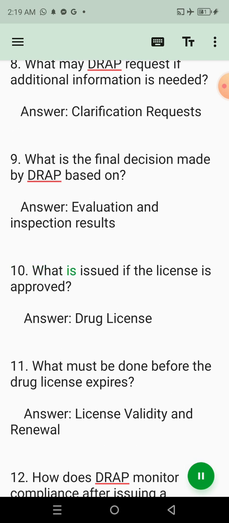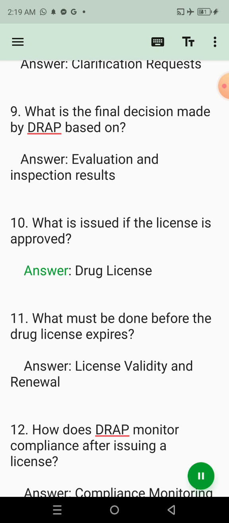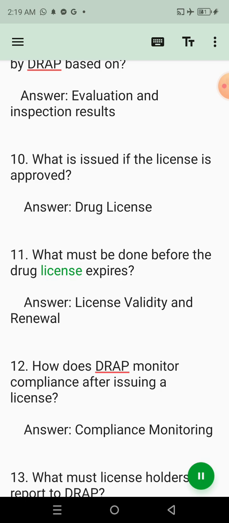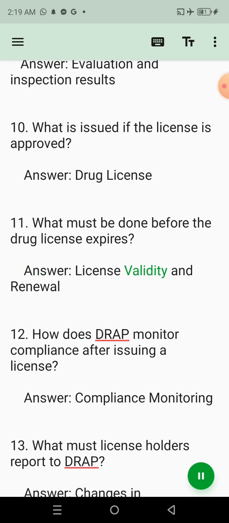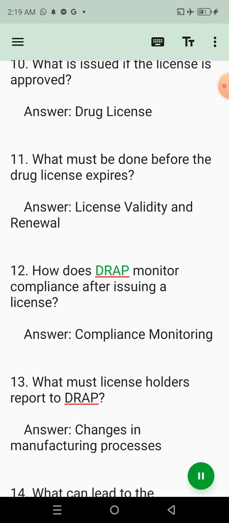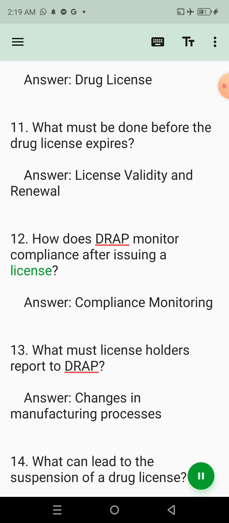10. What is issued if the license is approved? Answer: drug license. 11. What must be done before the drug license expires? Answer: license validity and renewal. 12. How does DRAP monitor compliance after issuing a license?